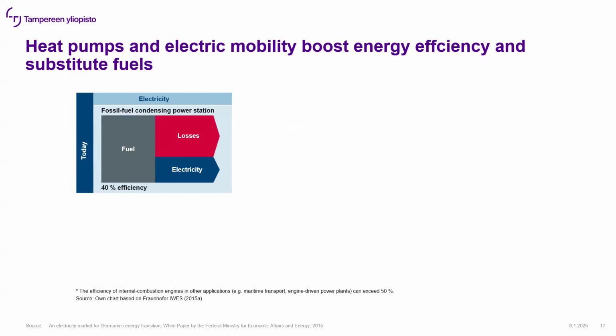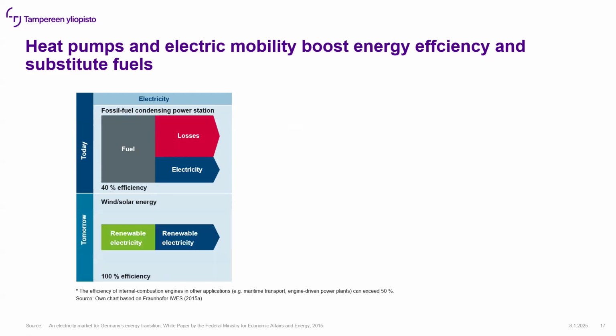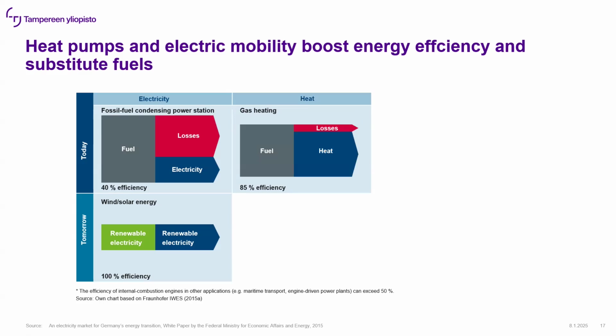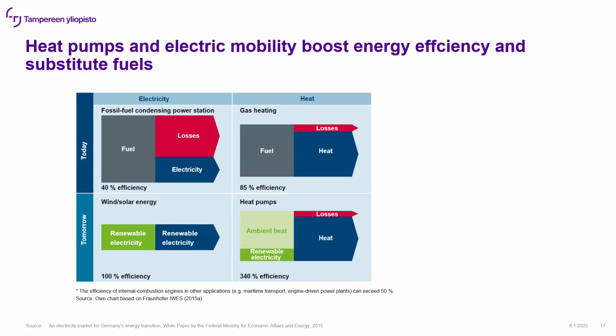What ways can we make this system better? So electricity from fossil fuels versus wind and solar, you don't have so many losses in there. So we can decrease the amount of loss, but then you increase the variability of the system.